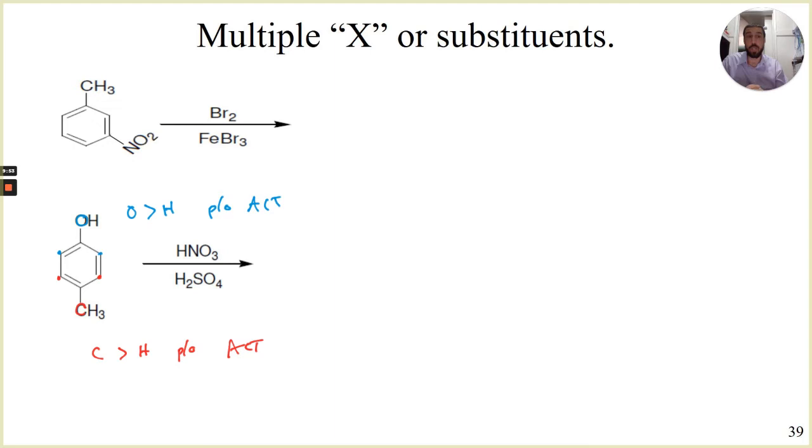Oxygen is much more activating than the carbon because the oxygen has those lone pair electrons, and all we need is one pair that can actually donate in. That means the oxygen is a stronger activator than the carbon, which would then suggest the para positions would be our most likely positions. Those are identical due to symmetry within the molecule.